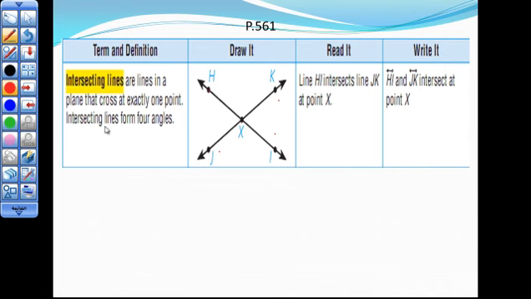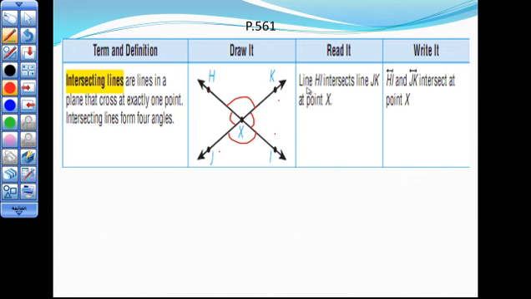Intersecting lines form 4 angles. Where are the 4 angles? First one here, the second one here, the third one here, and the fourth one here. You can see these 4 angles when you see intersecting lines.